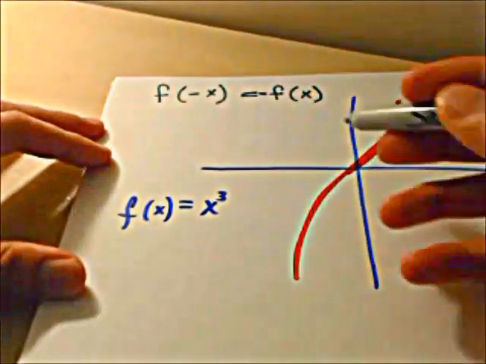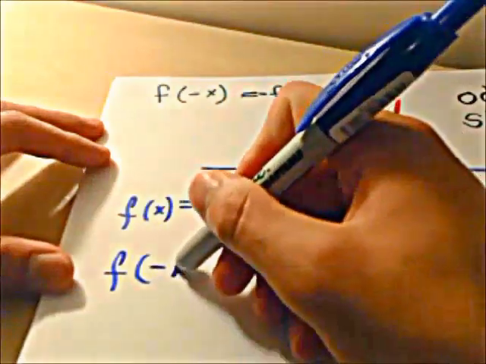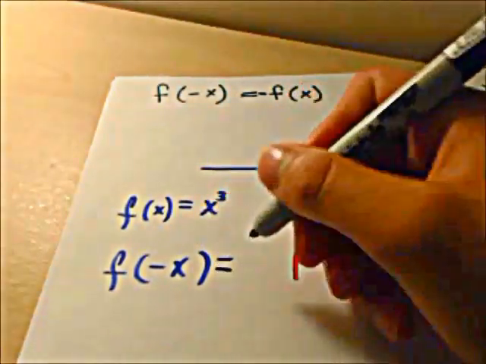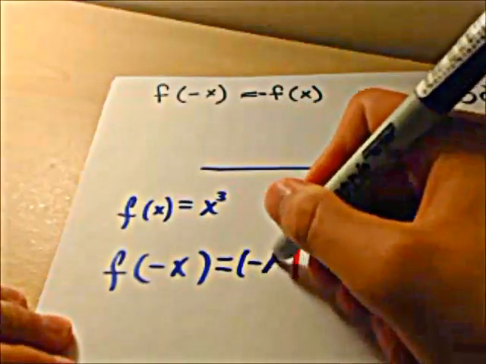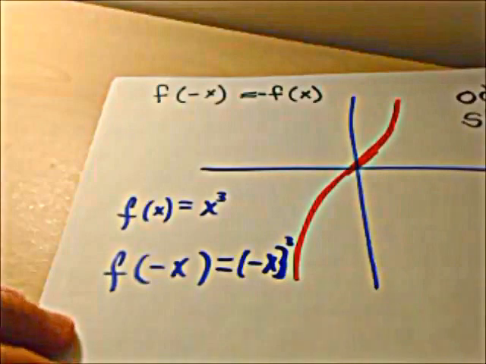If we wanted to find f of minus x, then f of minus x is equal to minus x, all cubed.